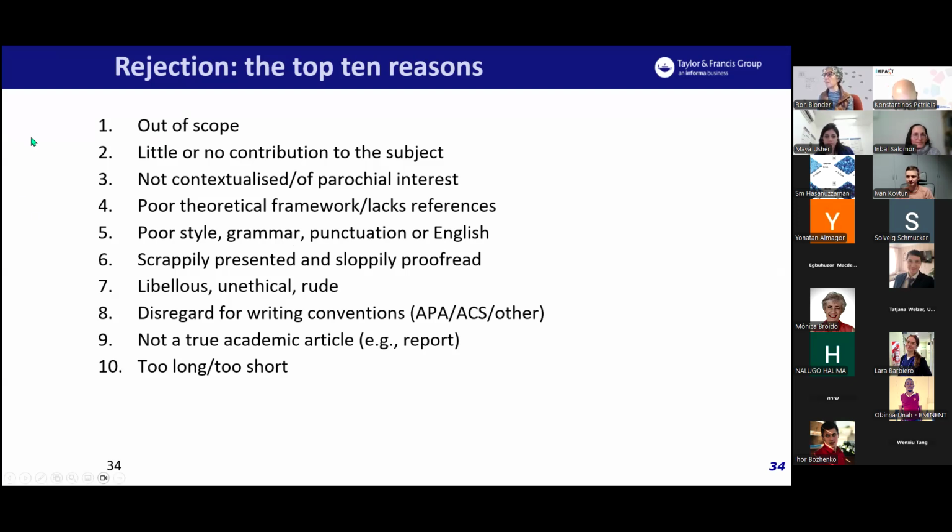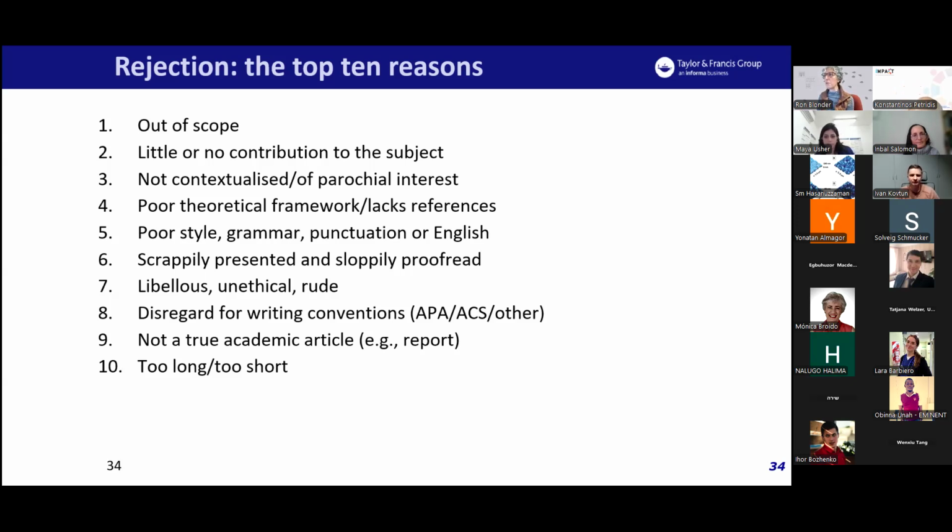Second reason, little contribution to the subject. Okay, it's a good research, very well designed, but it doesn't advance the knowledge so much. So maybe you can publish it in a very regional, very small journal, but not in top journals.